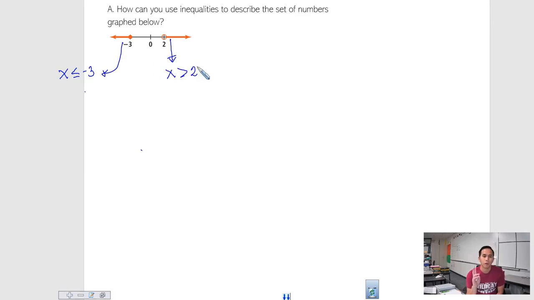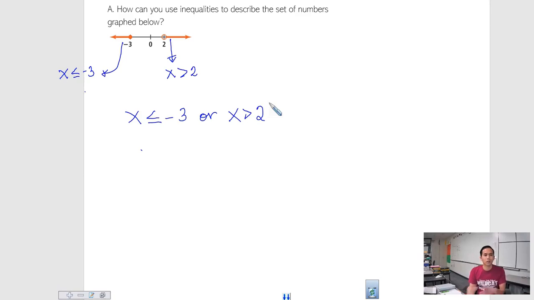Make sure the 2 is not included. So the compound inequality that describes the graph is x is less than or equal to -3, or x is greater than 2.